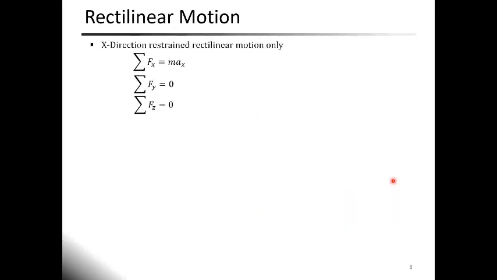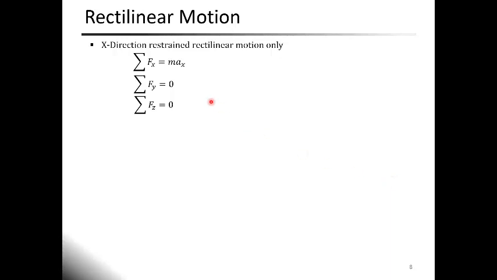So generally, we'll start by studying the rectilinear motion, and rectilinear motion means that the particle follows a straight line, either it is in x direction, y direction, z direction, or inclined, but it is still like a straight line.